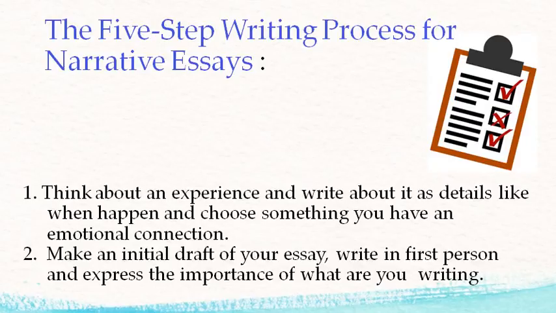You have to give the details about when it happened and what you are going to talk about, and if that event has an emotional connection, it's going to be a very good essay. Then you can make an initial draft of your essay, always writing in the first person, and you have to express the importance of what you are writing.